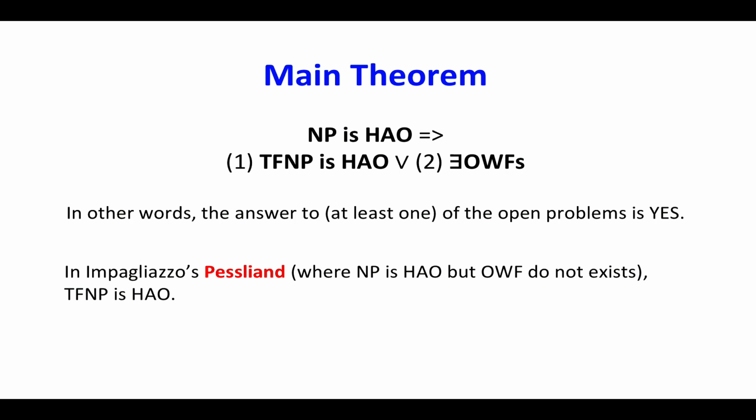But one-way functions don't exist, so we don't have cryptography. So algorithms are not very powerful, yet we don't have cryptography. It's a very pessimistic world for us. So one way to interpret our result is that Pessiland is actually even worse than what we previously believed, because not only is NP hard in Pessiland, but also TFNP is hard in Pessiland.